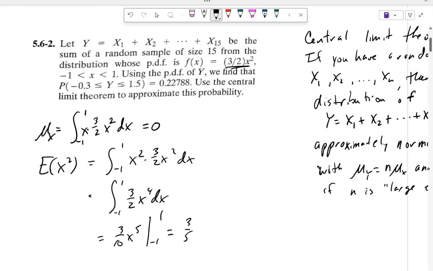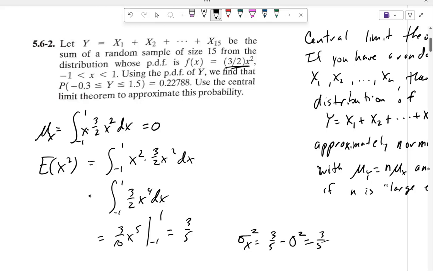And so you'll get 3/5 when you're done. Assuming I did my calculus right. What's the variance then? It's also 3/5, isn't it? Because when we subtract off the mean squared, the mean was 0.